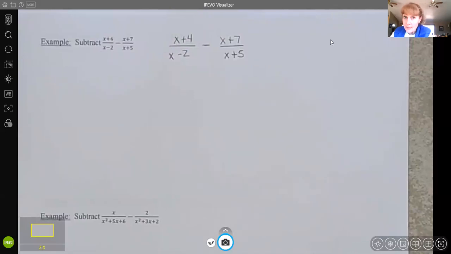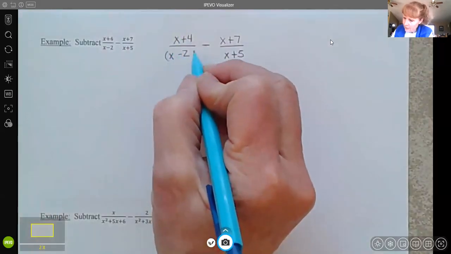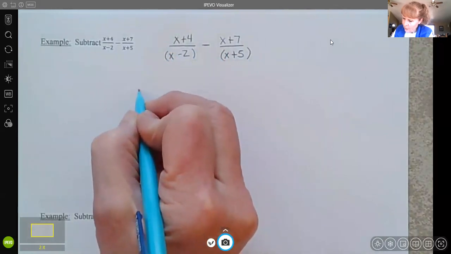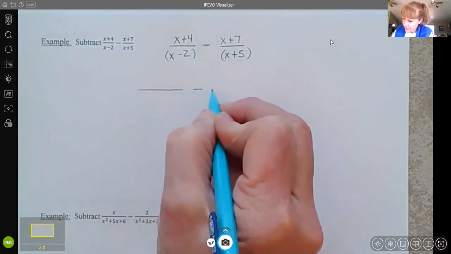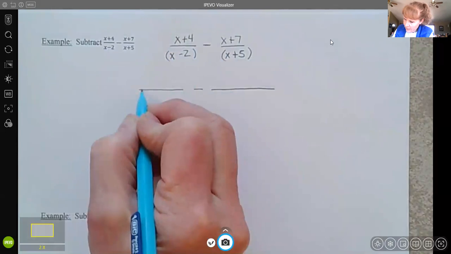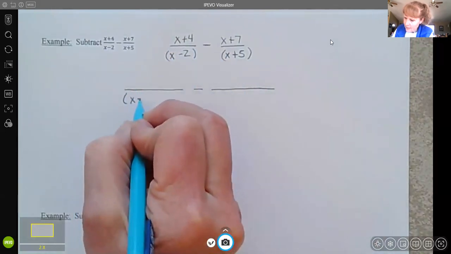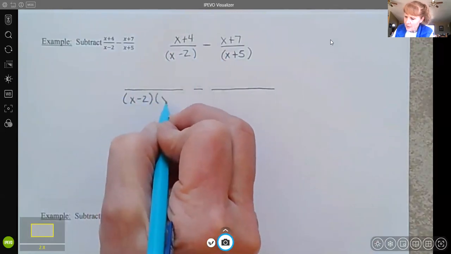So that means my least common denominator has to use them both. I have to have an x minus 2 and I have to have an x plus 5. So my least common denominator is going to be x minus 2, x plus 5.